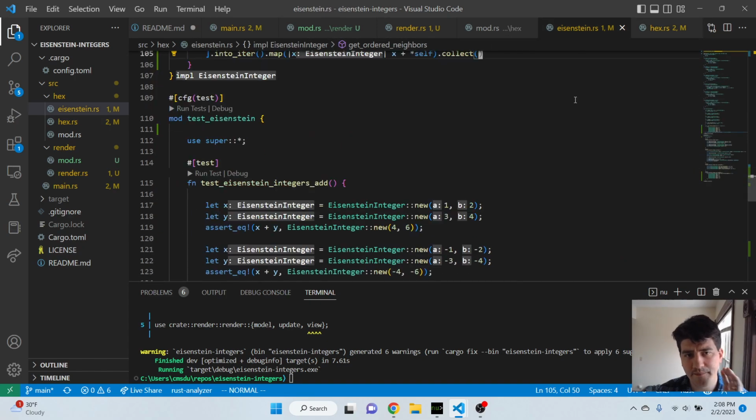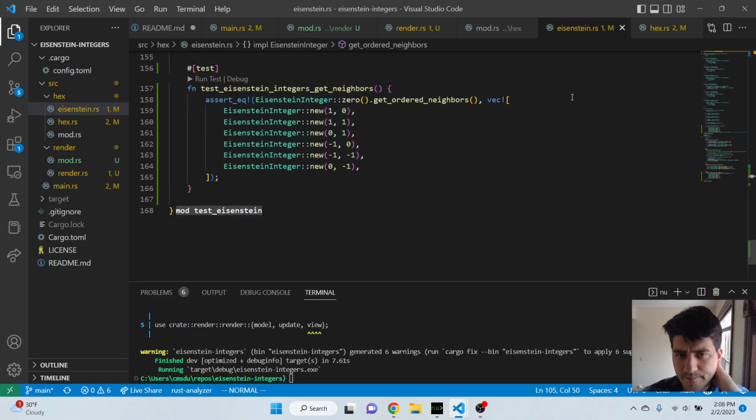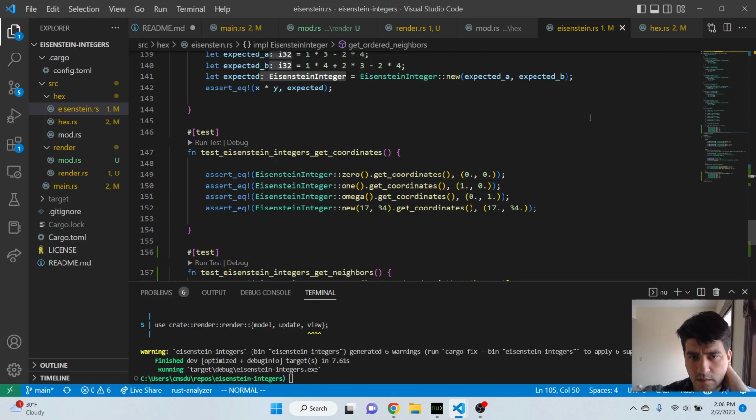Which they're not. So, neighbors, okay. So, get coordinates. This is not how these are meant to work. 0, that's correct. This is wrong. So, this should be... let's pull in complex numbers, I guess, to do this easiest.